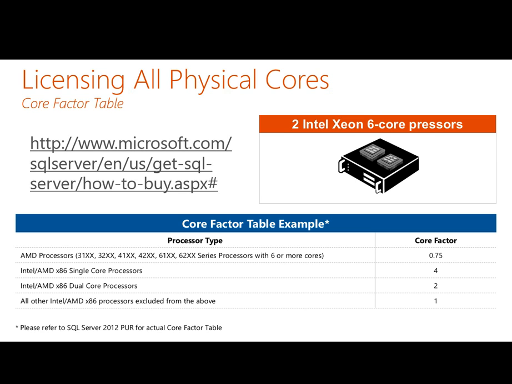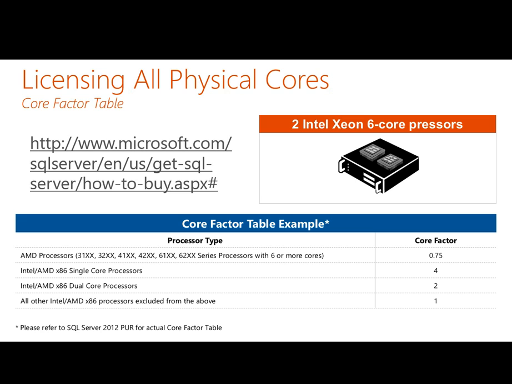For the core factor table, remember, we need to determine what kind of processor, because the processor type matters. For example, if it's an AMD 31, 32, 41, 42, 61 or 62 series, the core factor is 0.75. If it's an Intel or AMD single core processor, which is an old processor, the core factor is 4.